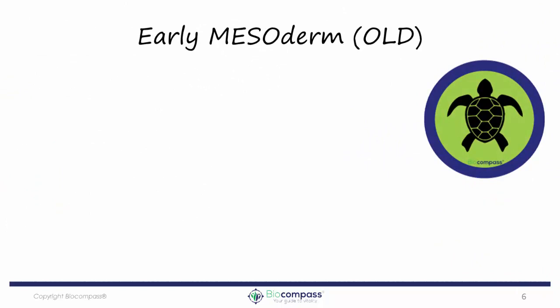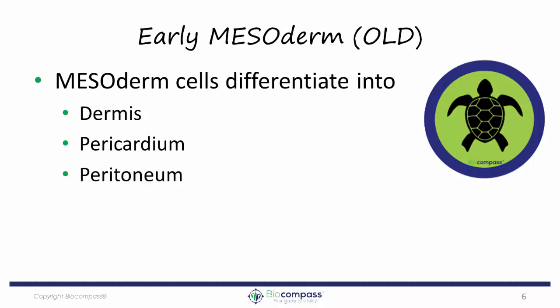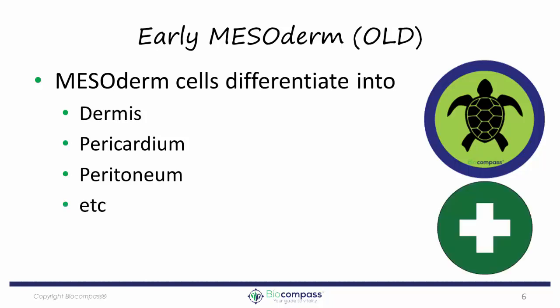Then we have the mesoderm. We have early mesoderm and later mesoderm. The early mesoderm is still an old type of tissue. You can see it with the blue border around the turtle. The turtle type tissue derives into the dermis, the thick layery part of the skin, the pericardium, the protective lining around the heart, and the peritoneum, the protective lining around your stomach areas, and some more.